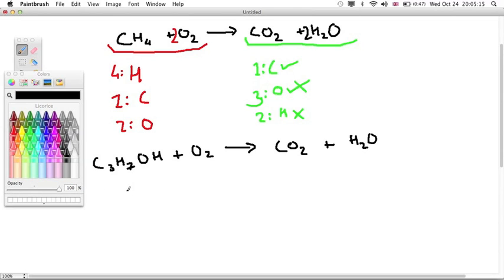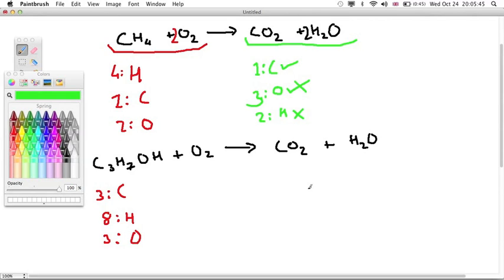But in this case, you just have to concentrate. If it helps, do this. I'll be doing it just to help everyone. We have 3 carbons, 8 hydrogens, and 3 oxygens.